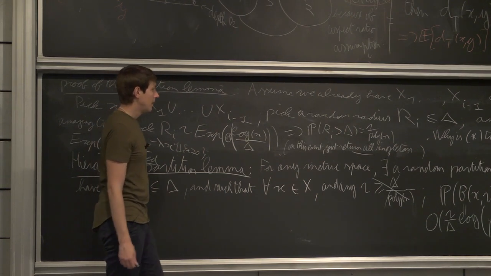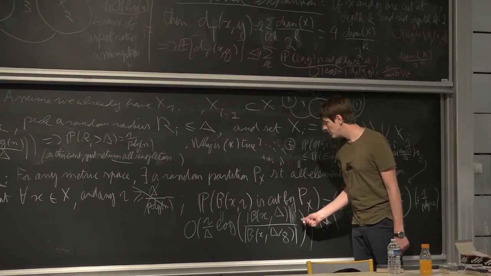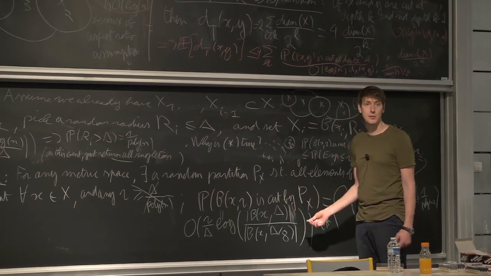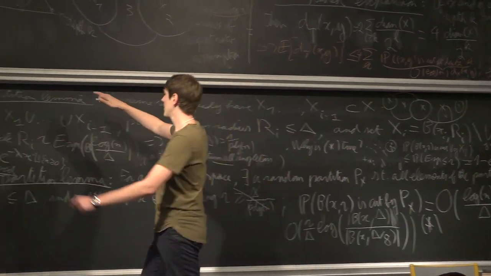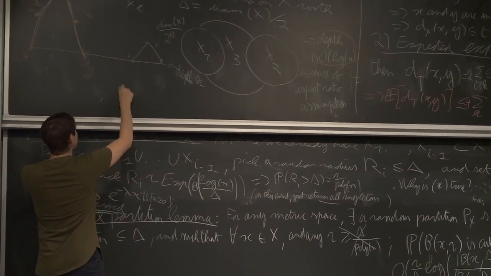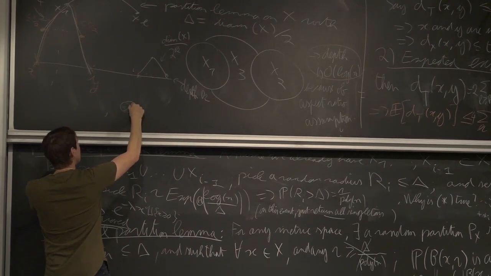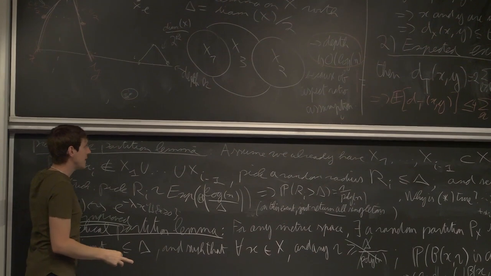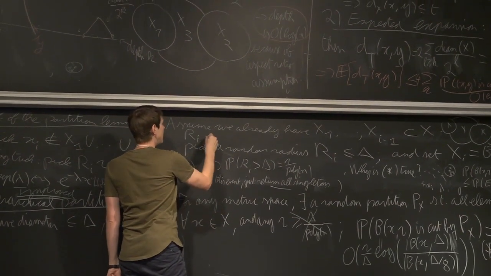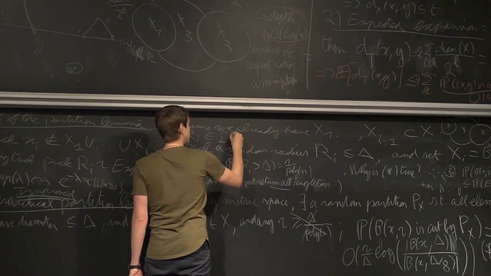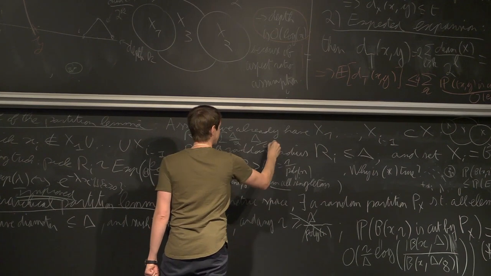But now, we're only going to look at things which are likely to threaten the current ball. So the picture is like this. I have this ball of radius little r. And I'm going to make sure that my radius R_i is now between, let's say, delta over 2 and delta over 4. It doesn't matter.